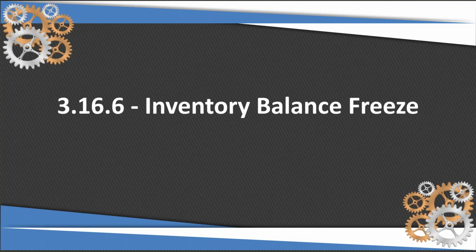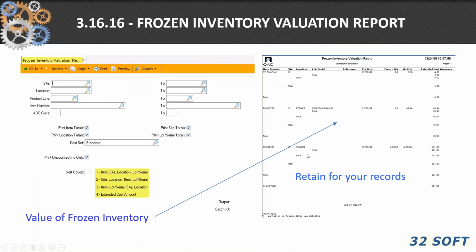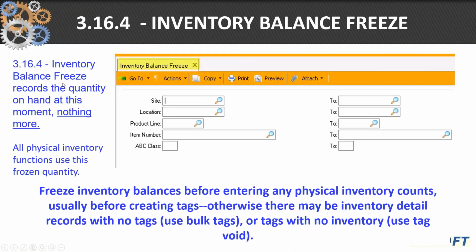Then you update or freeze the inventory balances with 3.16.6. This then allows you to have a record of what the inventory was before you start the count. So you want to make sure that you've done all your transactions, your cutoffs are clean, and that you freeze the balance and have the ability to generate the tags for everything that you need to count.